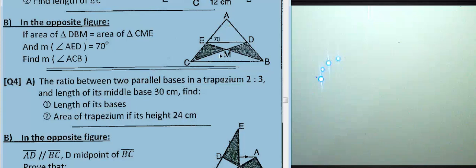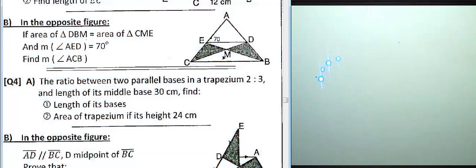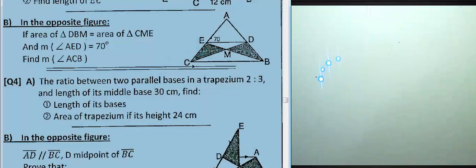In this example, he gives us the area of triangle EMC equals the area of triangle DMB, so we must add the area of triangle EMD to the left-hand side and right-hand side. You will get two triangles equal in area. They have the same base and are included between two sides. Then the two sides will be parallel: ED will be parallel to CB.